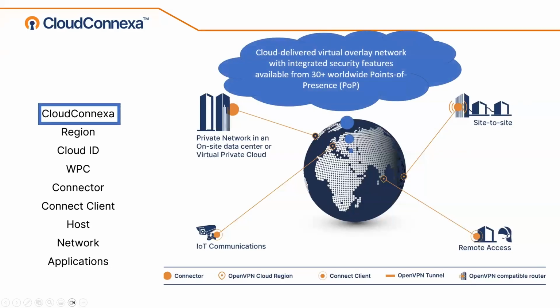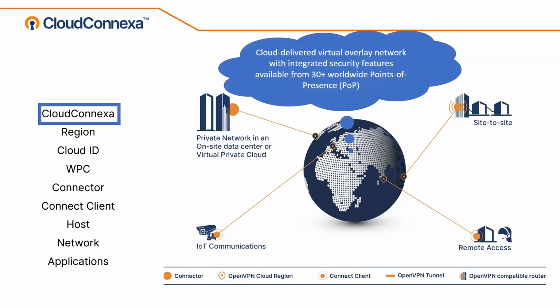So what is CloudConnexa? You can think of CloudConnexa as a cloud-delivered service that creates a virtual private overlay network. And then you can use this network to connect all your users, networks, applications.